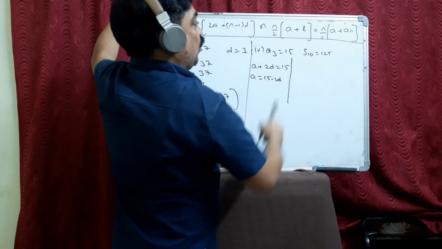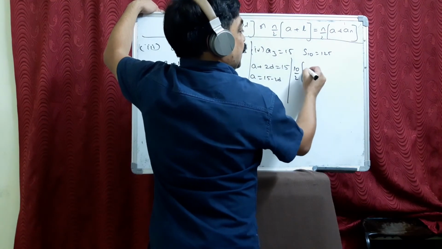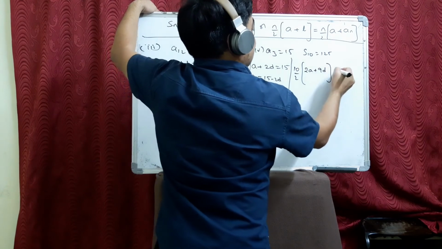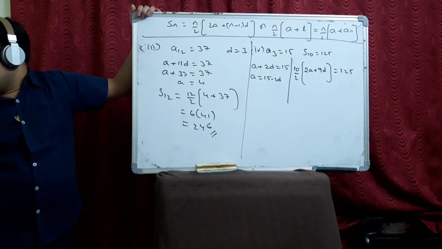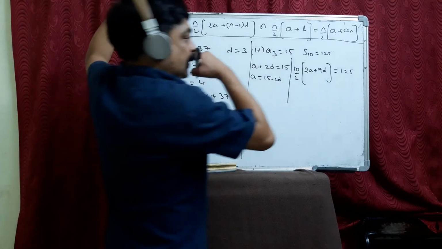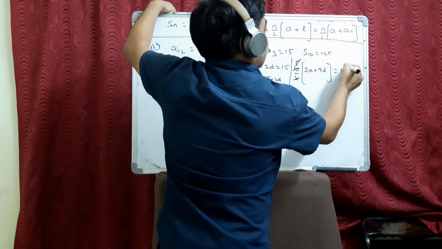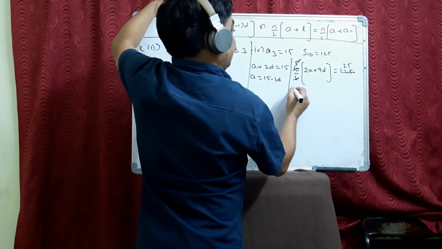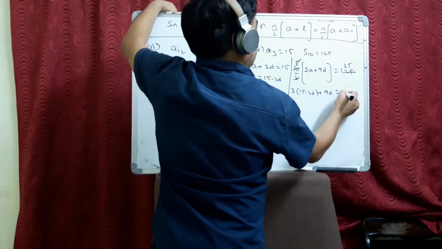Now let us apply the formula of S10. S10 is n by 2, 2A plus n minus 1 into D is 125. Okay. Now, after getting this, you can cancel this 5. 5 will cancel here, 25 times. 2A, in the place of A, I write 15 minus 2D plus 9D is 25.